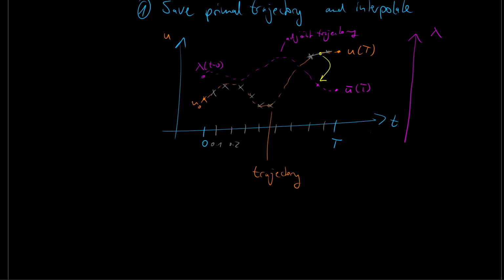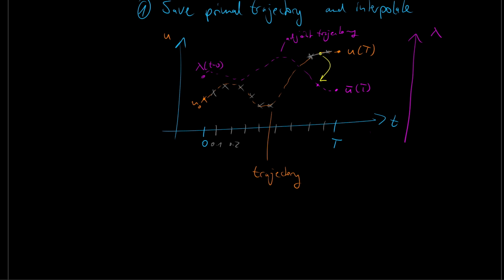As said, this is an analogy to what you would do in classical neural networks, in which if you're only interested in a forward pass, you could just step through. But if you want to do forward and backward pass, you would save your intermediate states. The difference is that for classical neural networks, you wouldn't have to interpolate because you always have discrete steps, but here we have continuous time.